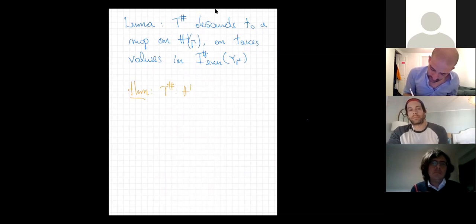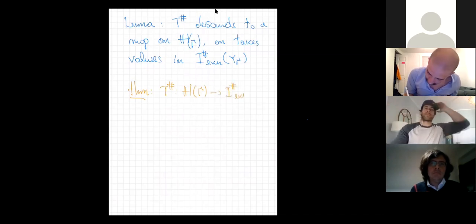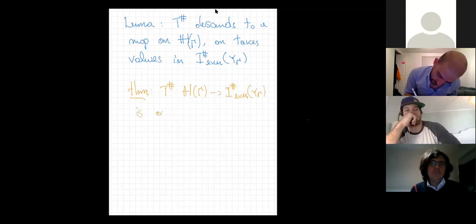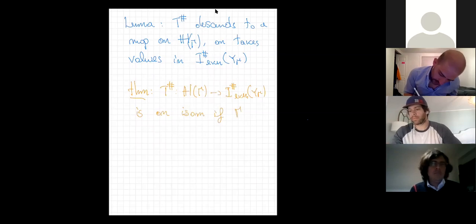Sorry about that. So T sharp from H gamma to I sharp even of Y gamma is an isomorphism if gamma is almost rational.